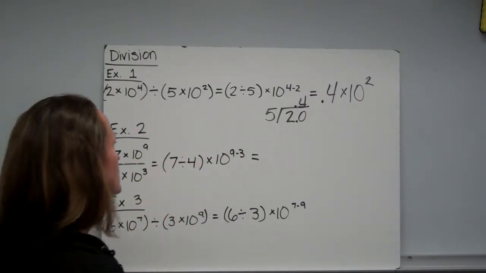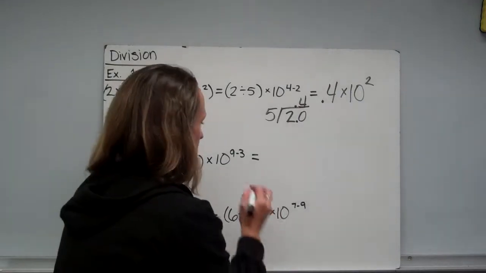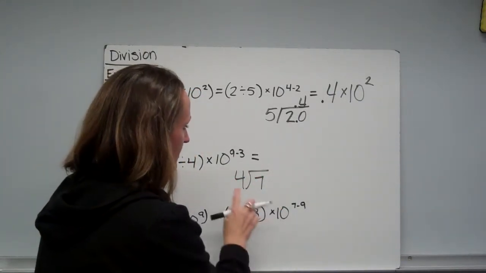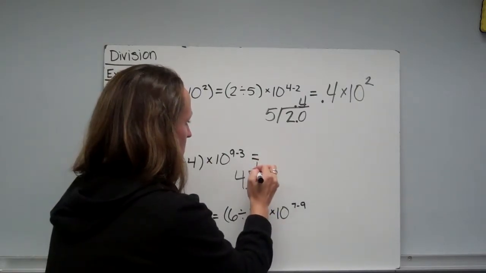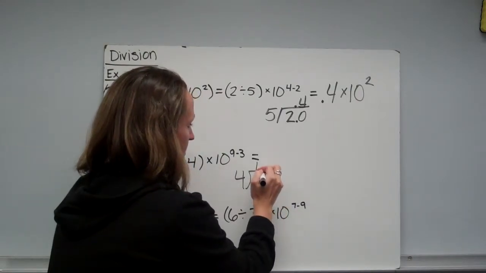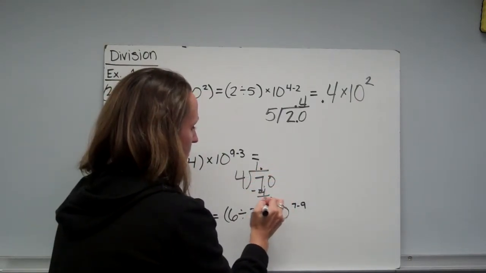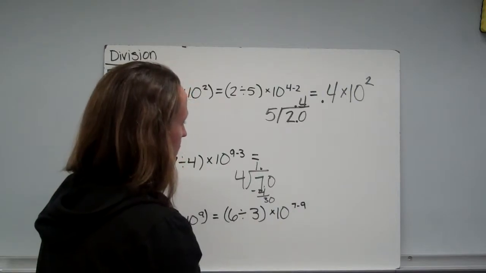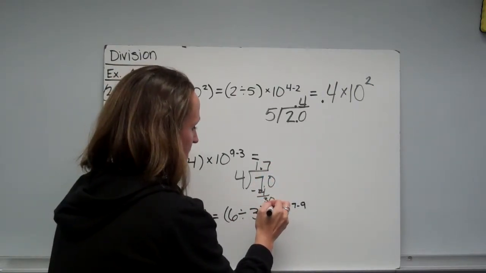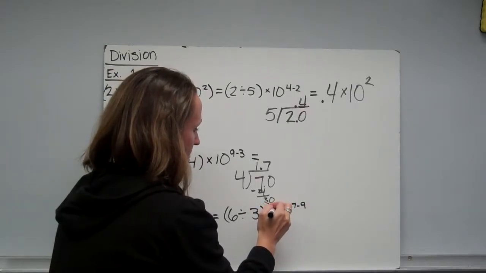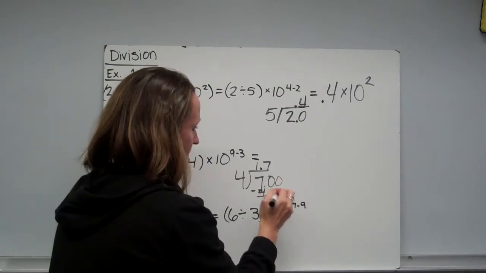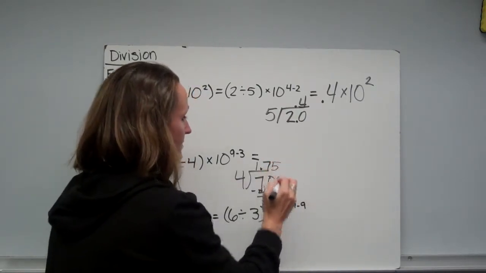So 7 divided by 4. 4 goes into 7 once, minus 4, you got 3, so add a decimal point and a 0. 4 goes into 30 7 times, minus 28, and 2, add another 0, bring it down, so 1.75.